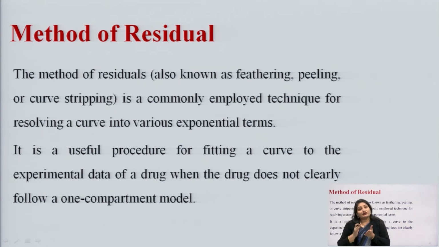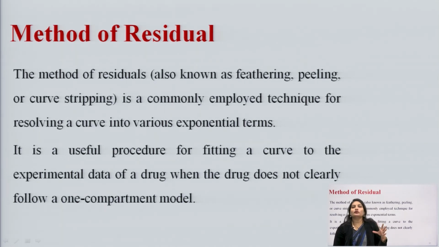So, by converting this bi-exponential term into single terms, we can get the values of different constants. In this method of residuals, we are fitting a curve to experimental data of a drug when the drug is not clearly following a one compartment model.